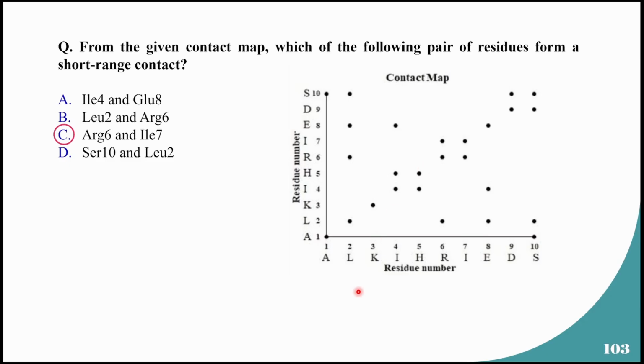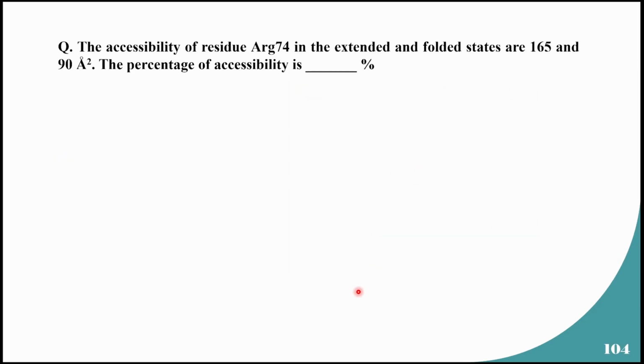Just remember that short range and long range contacts have correlations with different calculations, for example, short range order and long range order, which is further correlated with the prominence of certain structures, for example alpha helices and beta sheets, as well as the protein folding rate that we saw.